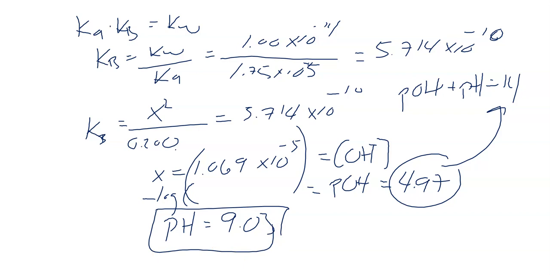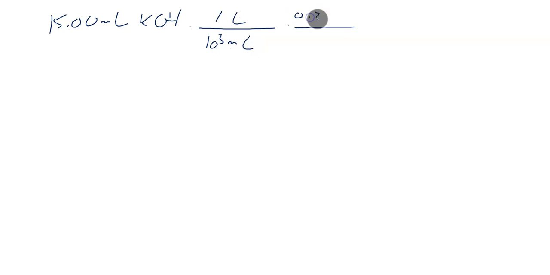Okay. The next question is identical to the question from the strong acid, strong base, because what happened was we added 15 mL of KOH. Convert this to moles like we always do, and you end up with 0.003 moles of KOH added, and it's going to react with all the acid present.